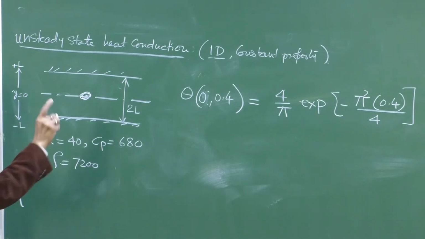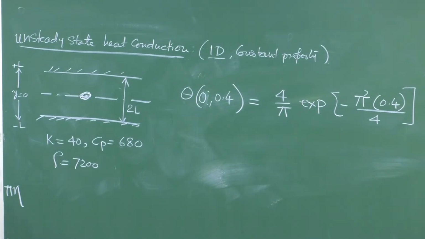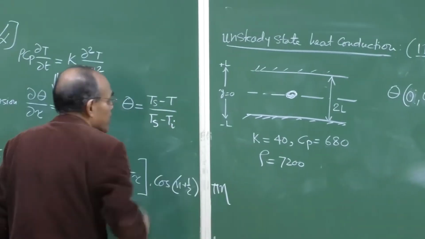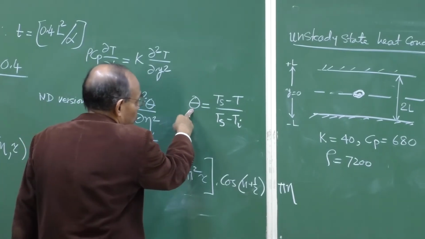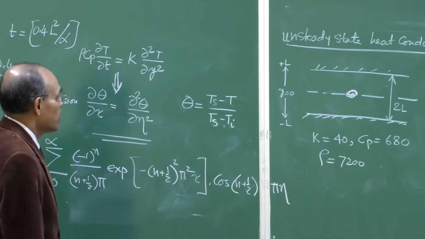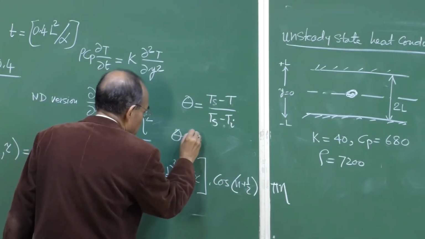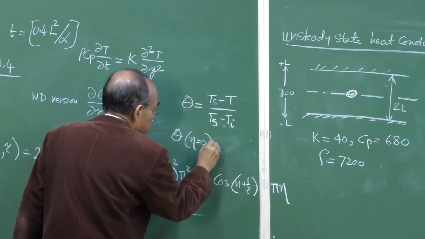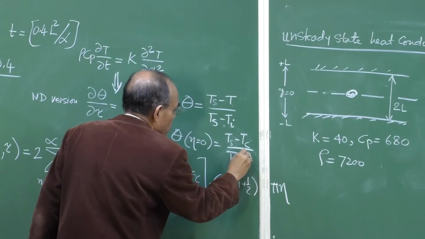So, we are trying to determine the value of theta, and from theta, because theta is defined as here, we will calculate the center point temperature, no problem, because the moment we calculate the value of theta, because Ts and Ti are known to us, the center temperature can be calculated. So, theta at eta is equal to 0 is actually Ts minus Tc divided by Ts minus Ti.